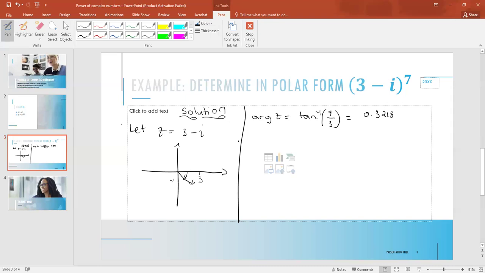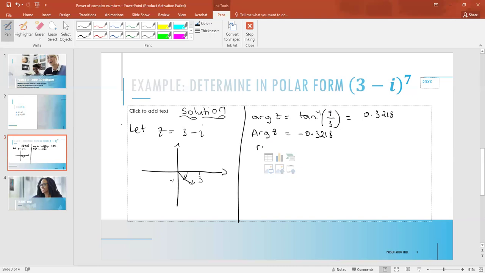Since the complex number lies in the fourth quadrant in the clockwise direction, our principal value that we're going to use in our polar form will be negative. Remember, angles measured in the clockwise direction are negative angles. So we're going to have minus 0.3218 radians.